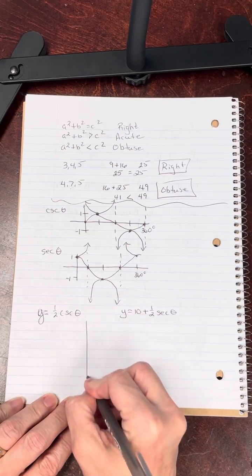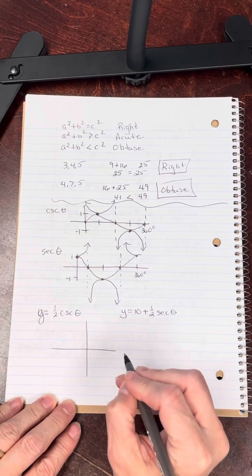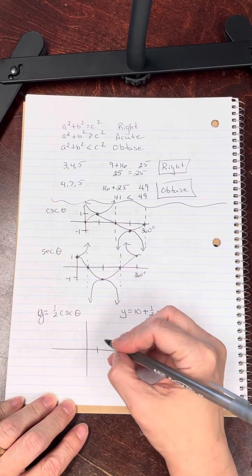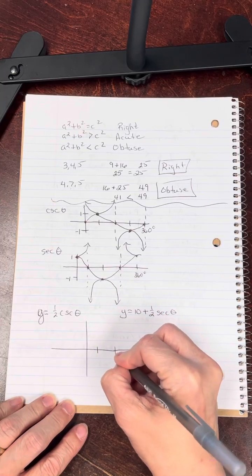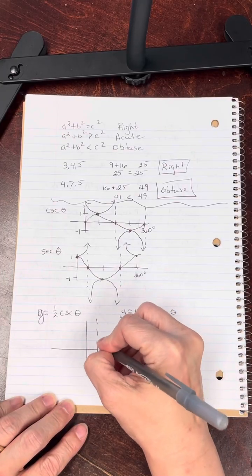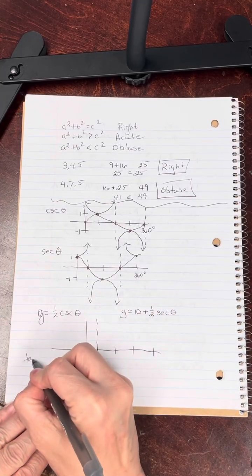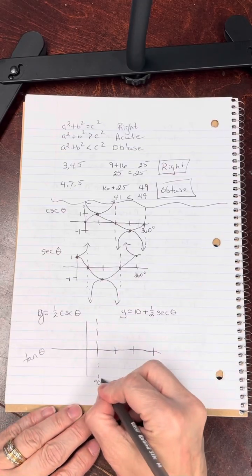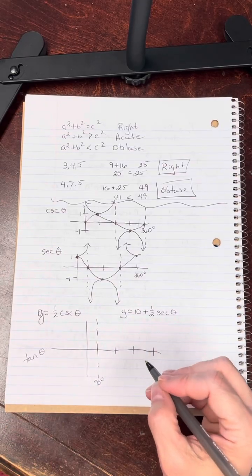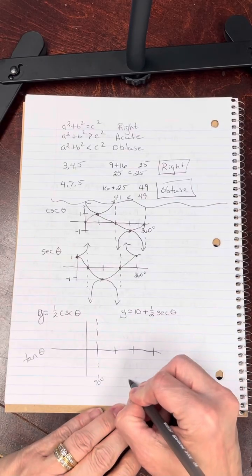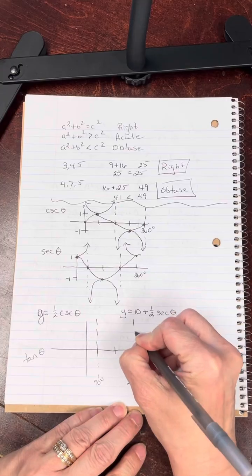All right. For tangent, you need to basically memorize your asymptotes. I need at least 4 sections. So the first asymptote for tangent of theta is at 90 degrees, and then at 270 degrees here and here.